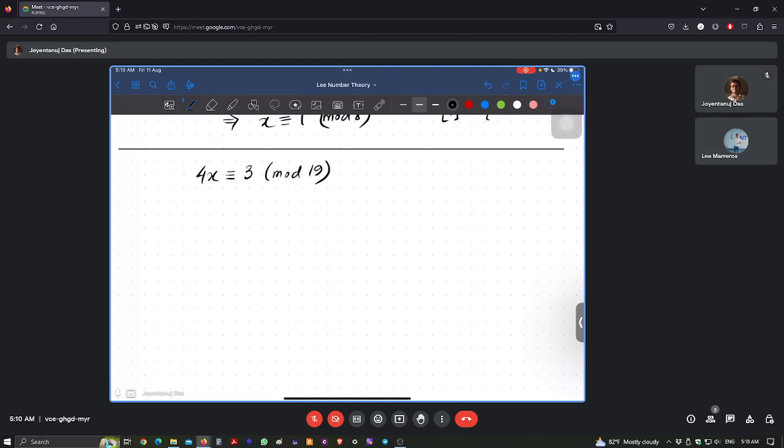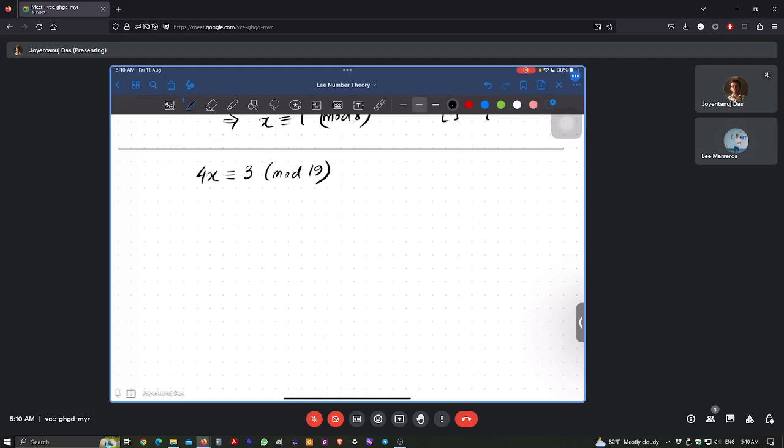So here we have to solve for x. But we still don't know how to use division. We only know multiplication, subtraction, and addition. Those three things we know.